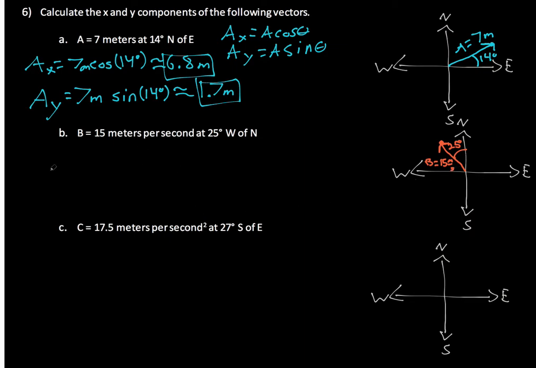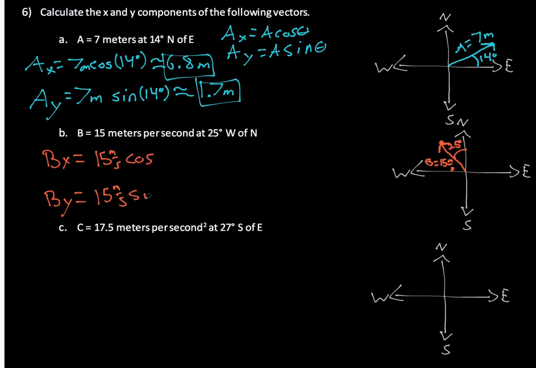So x and y components of that, B this time. B sub x and B sub y. Both are going to start with the magnitude, 15 meters per second, of our original vector. Then for the x component, we're going to do cosine.